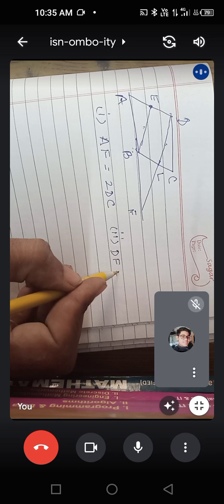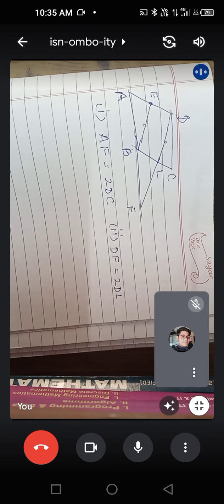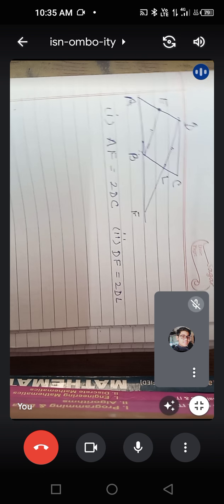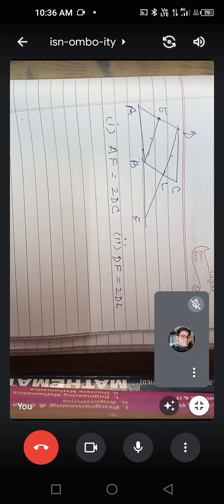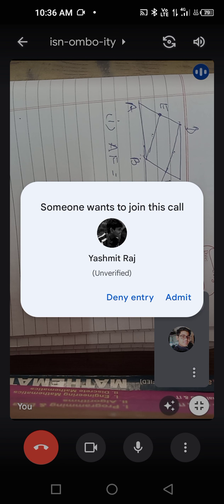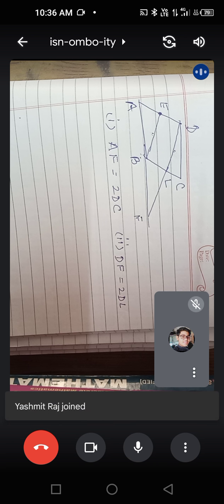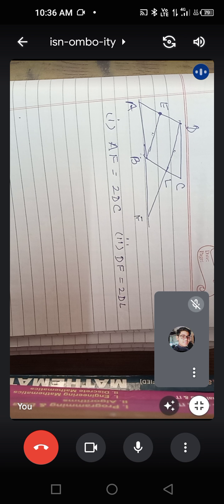These two things you have to prove. Is the question clear? Take out your fair notebooks. All of you should be having your fair notebooks. Write down this question which I've given, and we'll do the proof of this question.